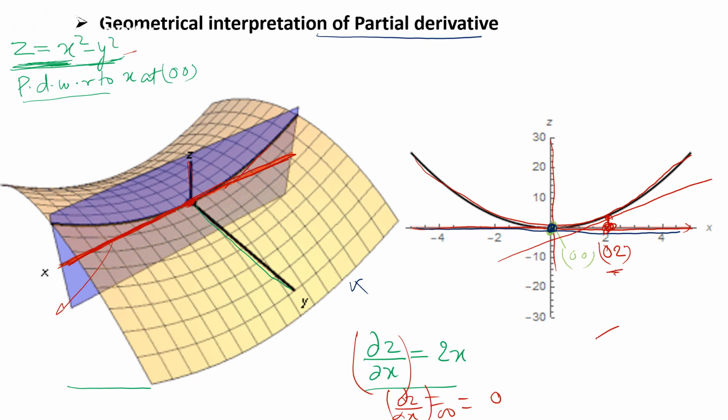But because we are talking about a two-dimensional function, we are not using the word tangent line, we are using tangent plane. So this is the plane representing the partial derivative of that function with respect to x at the origin, and if it is at a different point, that plane moves in that direction.